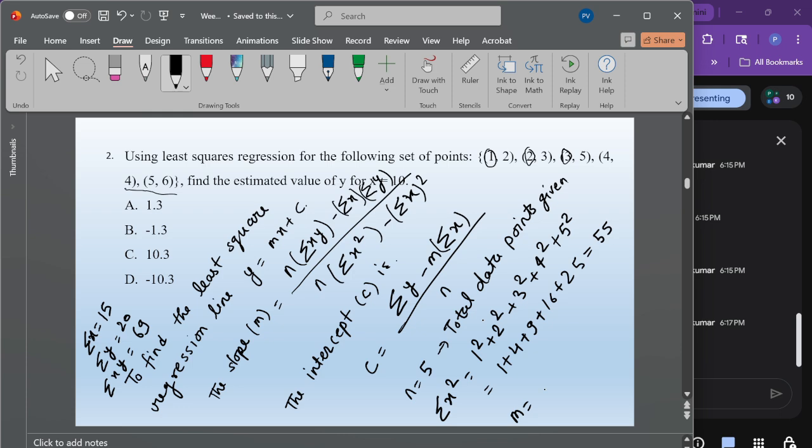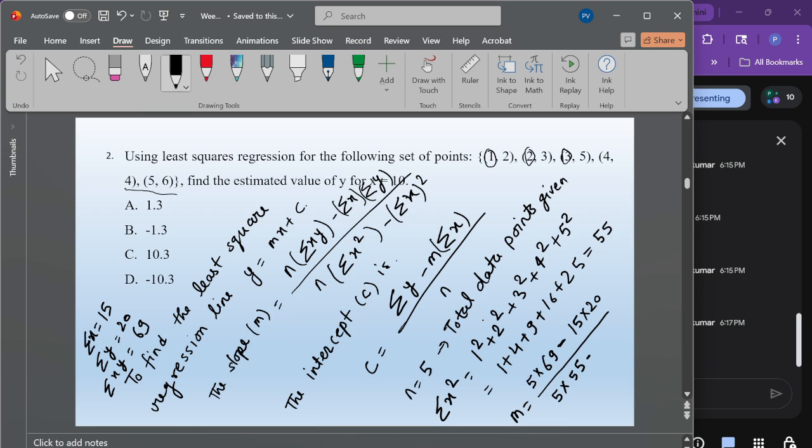So m is equal to, n is 5, the total number of data points, right? So 5 into summation of xy that we have calculated, that is 69, minus summation of x into summation of y, so that is 15 into 20, right? Now in the denominator, 5 into summation of x square, that we have calculated 55, minus summation of x whole square.